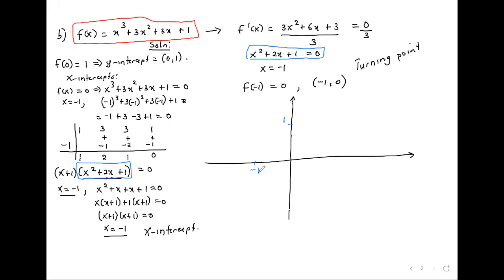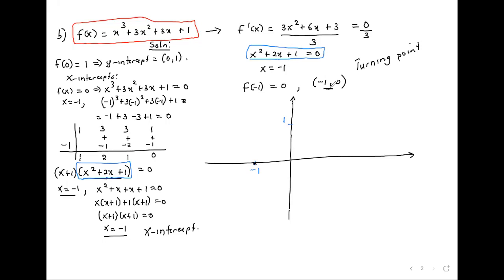Okay. Now, what happens before -1? This number I've gotten here. Remember, we're saying the turning point is -1, 0. We want to see if it is maximum or minimum. So what do I do to check if this turning point I found is maximum or minimum?